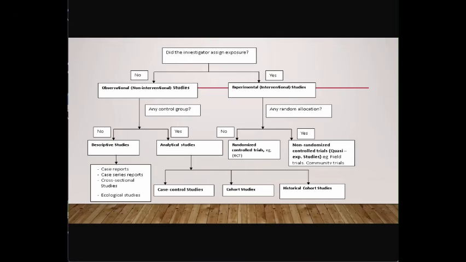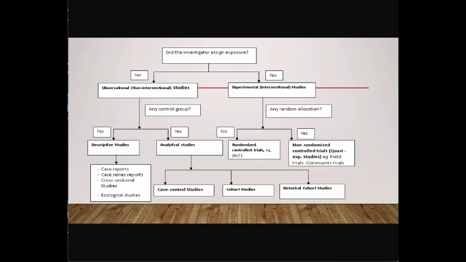Analytical studies, on the other hand, answer the question of why and how. So it's a higher level of evidence compared to descriptive studies, because it seeks to know why disease occurs, and how it occurred.